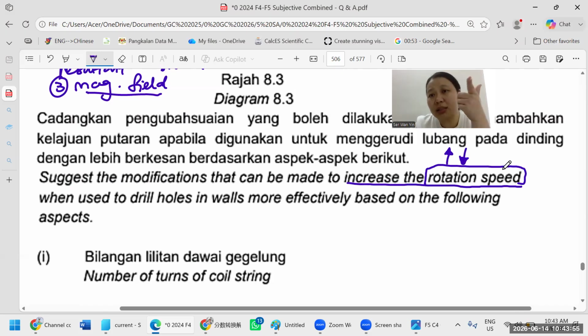But when I use this at too high speed, oh, the screw cannot take it. Finally, I need to use it manually. I rotate slowly, but it shortened my time, from this long to this short, very fast. The last part I do manually. When used to drill holes in walls, yes, we need high speed, more effective based on the aspect.